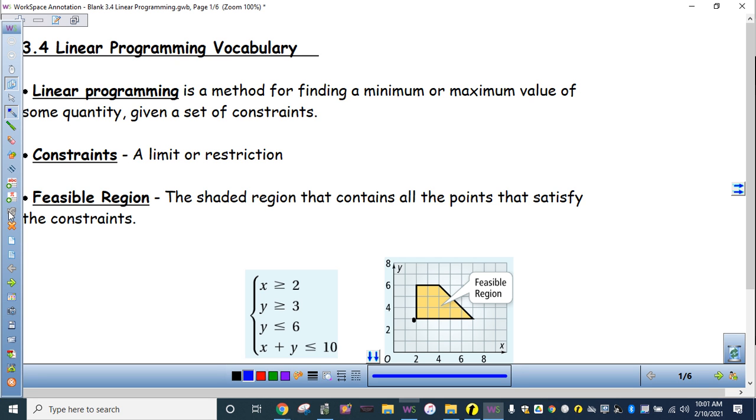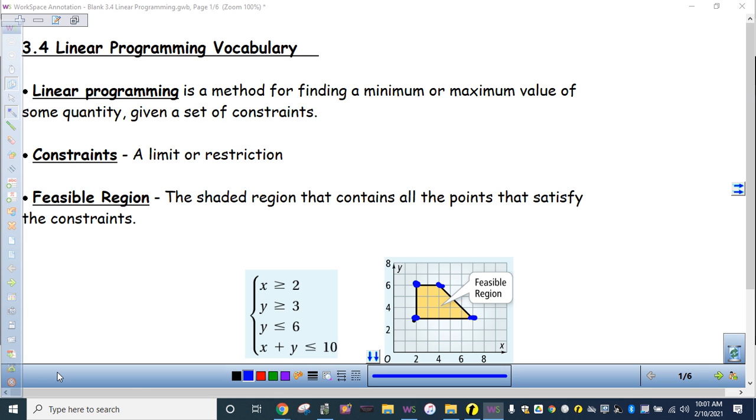Normally it's down here in the corner of a graph, but not always. So we're going to get the constraints of the feasible region and plug them into a profit equation, right? We're going to get the ordered pairs from the corners and plug them in to see which one gives us the biggest number at the end. That's the whole purpose of this thing.